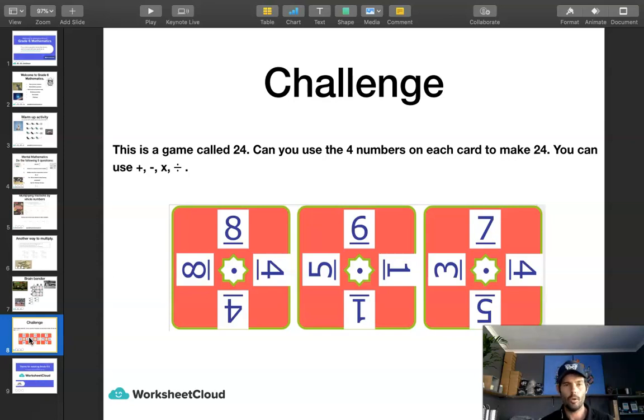You don't have to use all of them. You can use all addition, or you can multiply and then subtract. There are quite a few different ways to work out the answers, but again, I would encourage you to maybe challenge someone else in the house to come up with the answer of 24. And yeah, let me know how you get along, and enjoy that challenge after this.